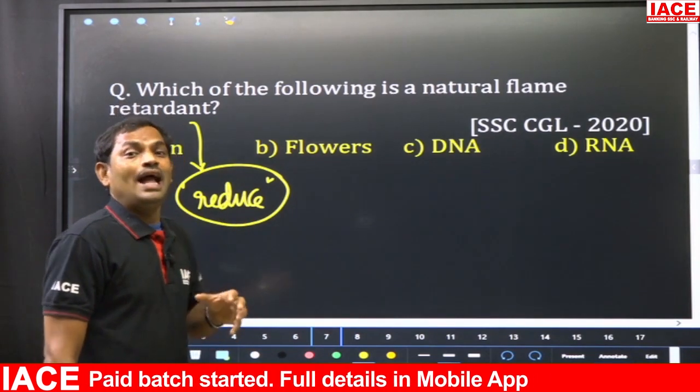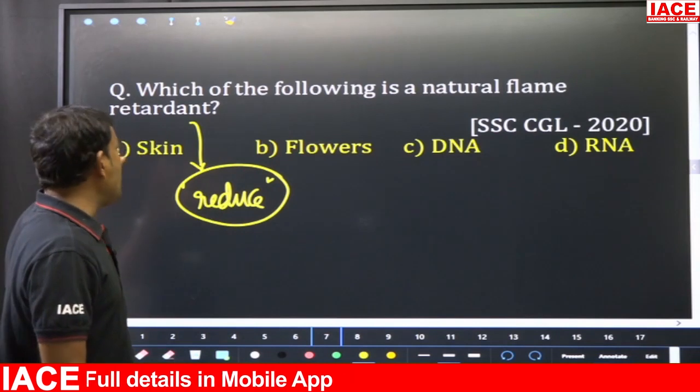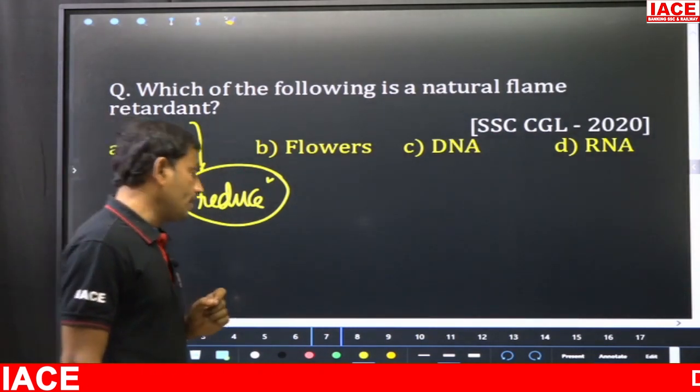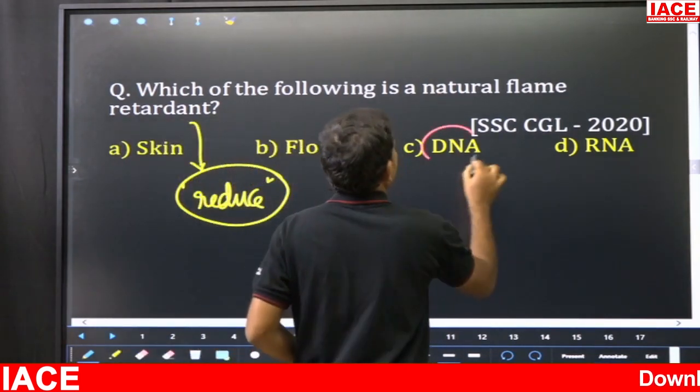So for that, natural flame retardants are used. Among them, a very important natural retardant is nothing but DNA.